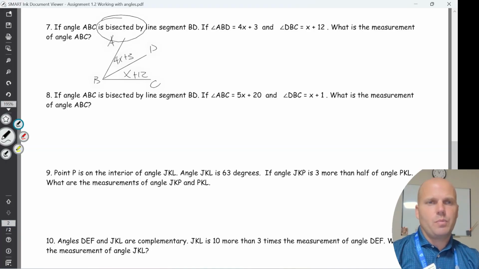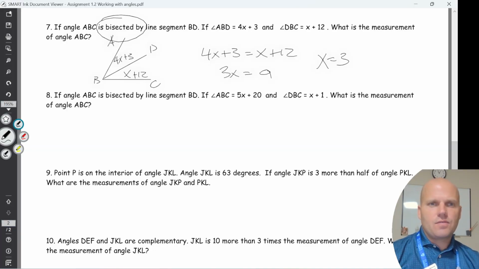Since we see the word bisected, we know that the two angles have to equal each other. So that means 4x plus 3 equals x plus 12. I'm going to subtract x and subtract 3 to get 3x equals 9, or x equals 3. That means each of these angles is going to be 15 degrees, which means the total angle is 30 degrees.